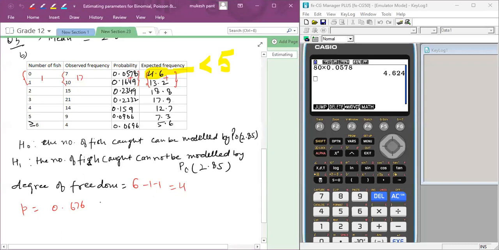Otherwise, it should be mentioned; if not mentioned, you assume it's 5%, which is 0.05. This p-value is greater, so do not reject H0. In this context, the number of fish caught can be modeled by this Poisson distribution where the average value is 2.85. I think you would have understood.